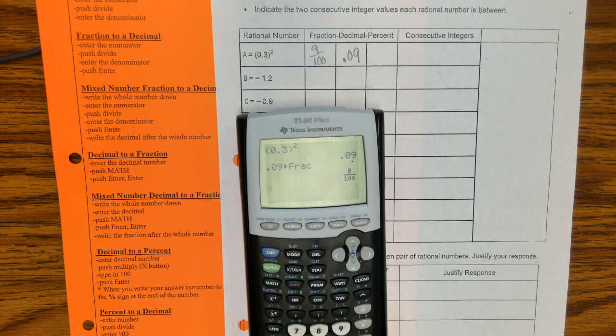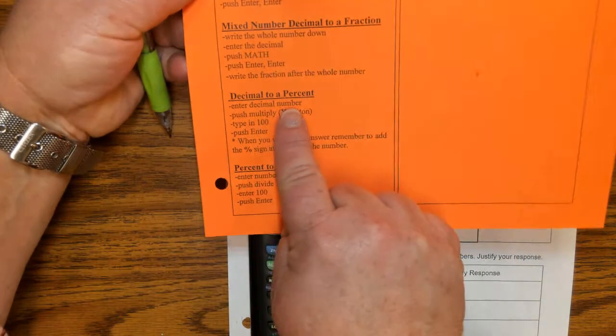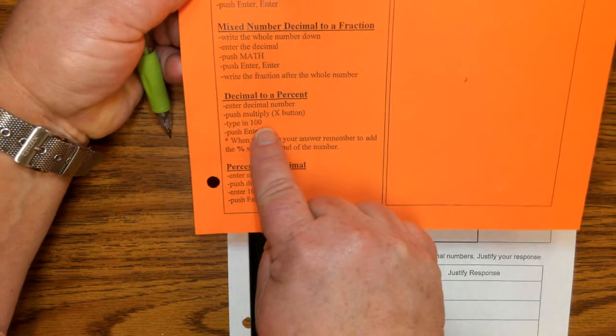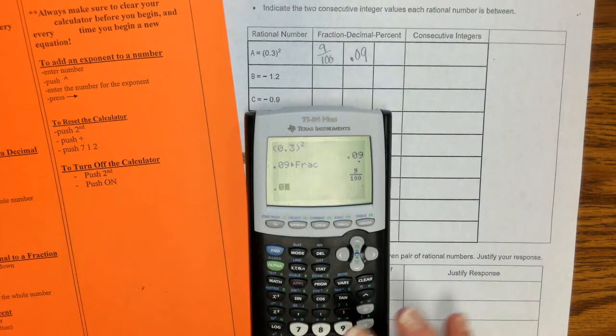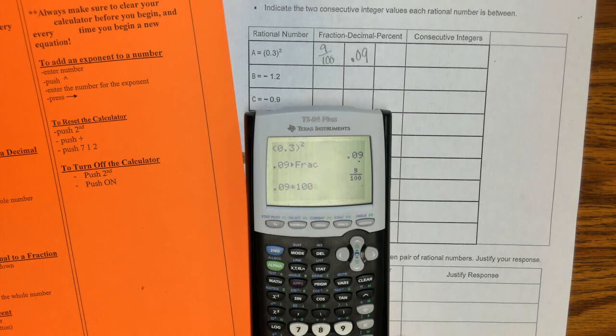So you need to make it bigger. And how do we make anything bigger? We times, okay? And that's on here also. Decimal to percent is on here. Enter the decimal, push multiply by 100, and hit enter. All right? So we're going to put in 0.09 times 100 in our calculator. You're going to hit enter, and everybody's doing it right.